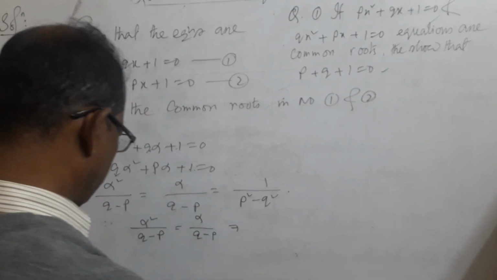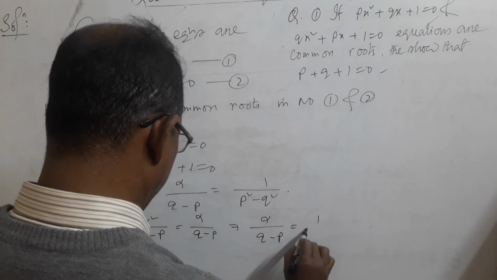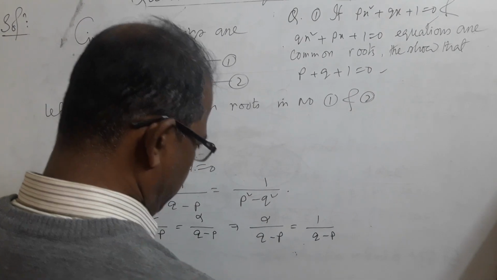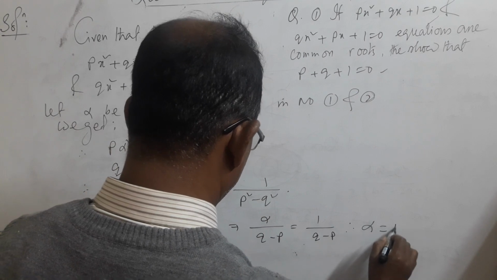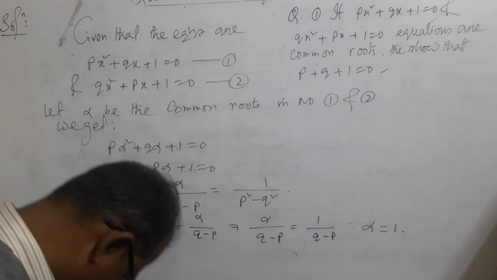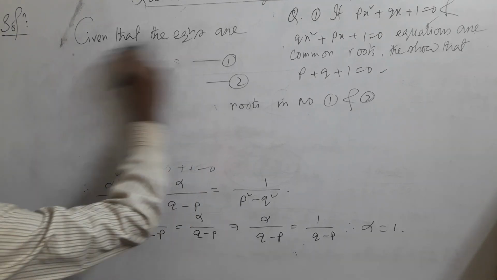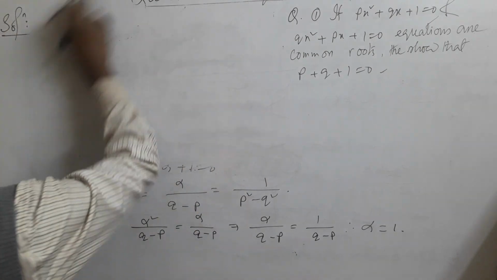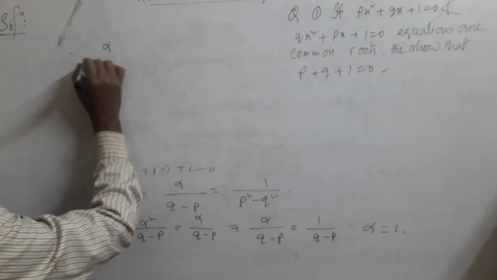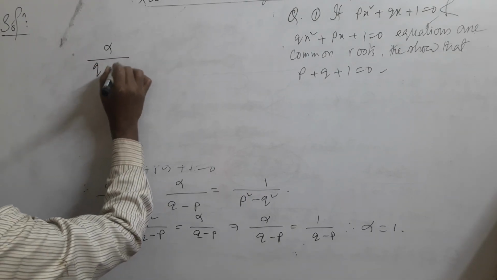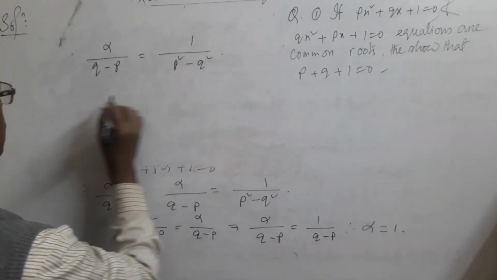So alpha divided by q minus p equal to 1 divided by q minus p, that is alpha equal to 1, and alpha divided by q minus p equal to 1 divided by p square minus q square.